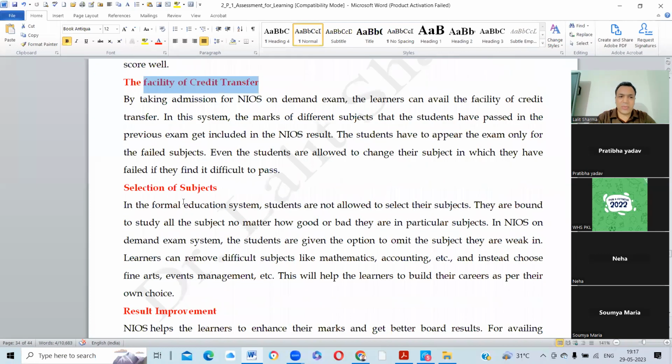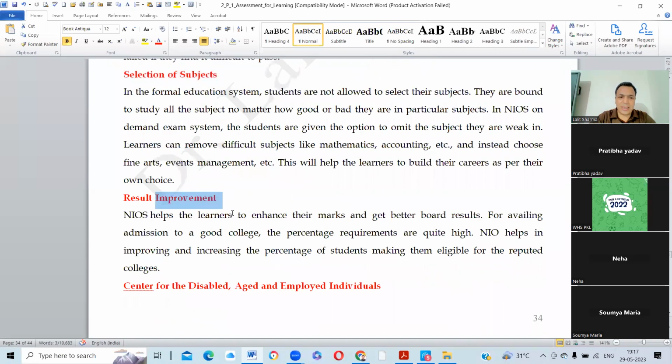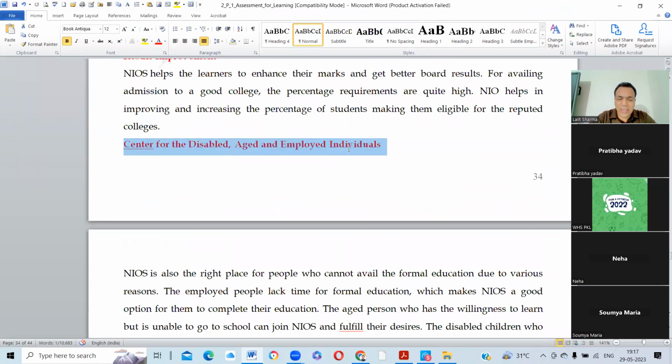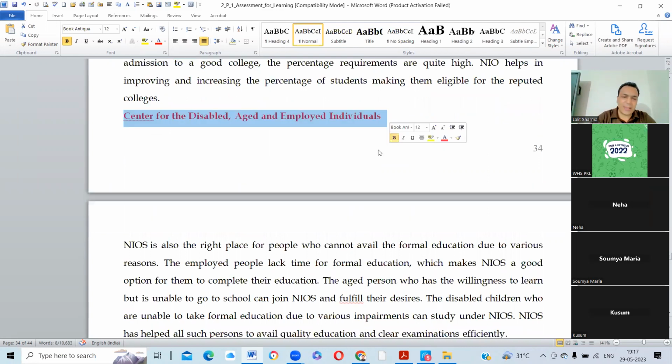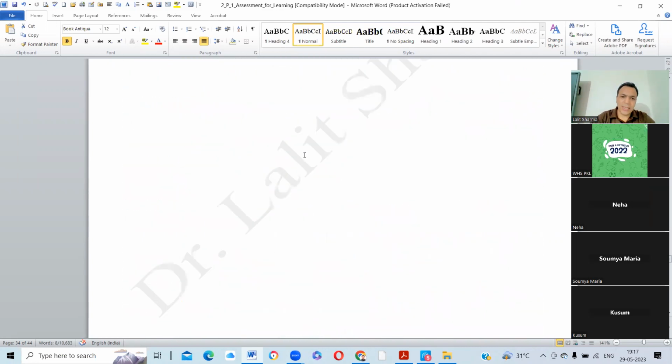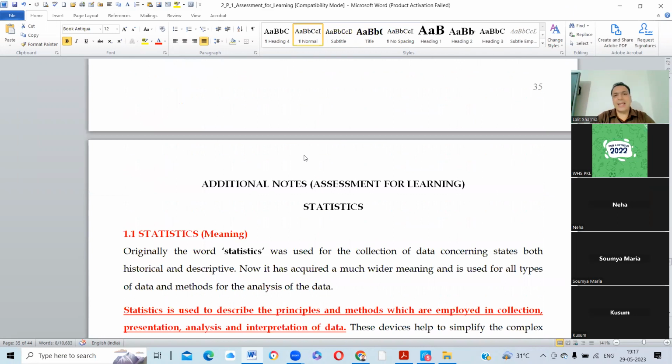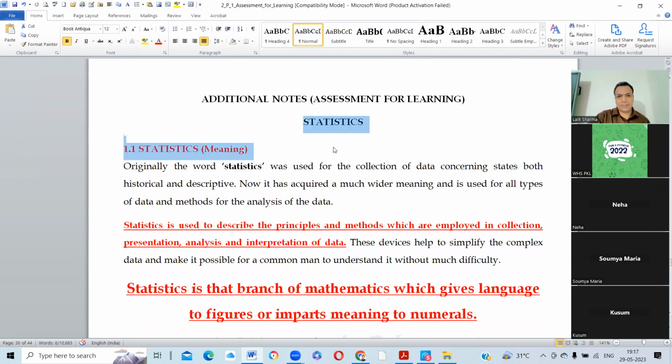Facility of credit transfer, selection of subject, result improvement, centers for disabled, aged and employed individuals. If the students are disabled, aged, or employed individuals, then we have to help them and make their center. All this is done by the NIOS system, National Institute of Open Schooling. So this thing we have already discussed now.